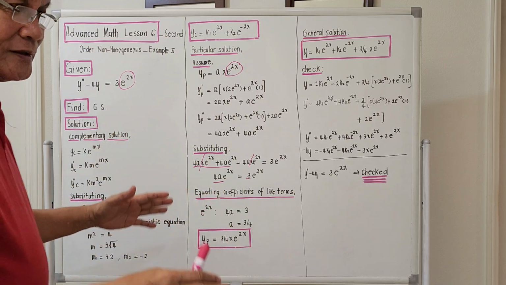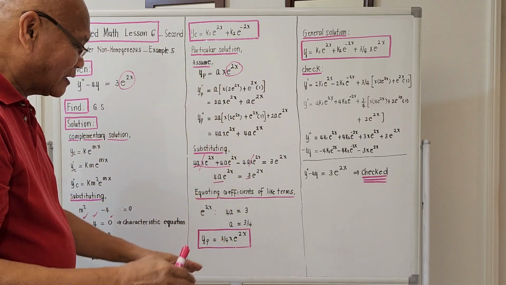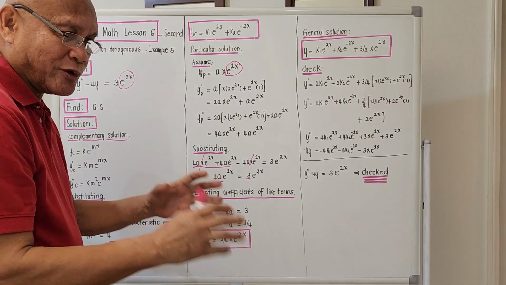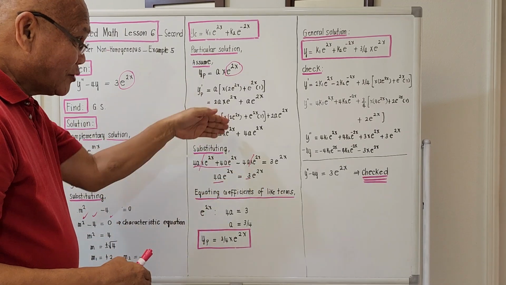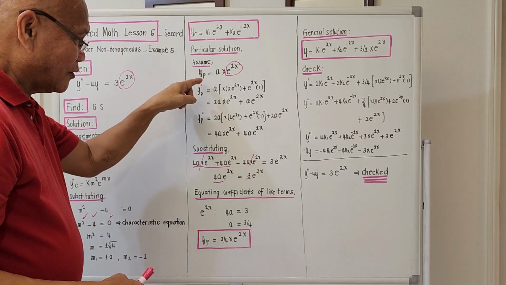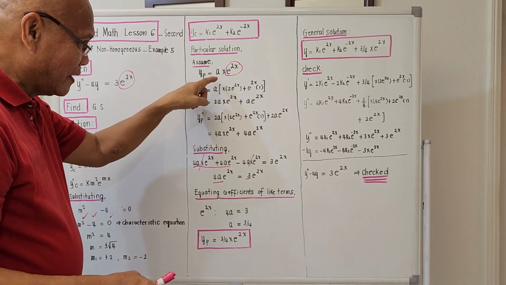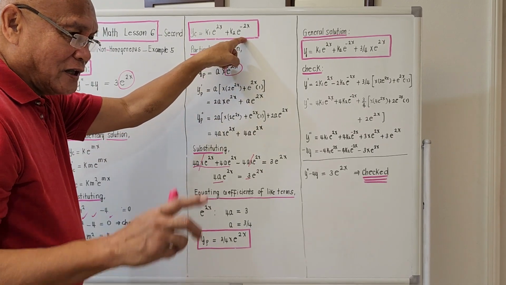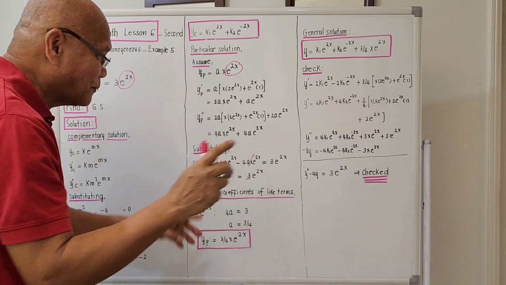If you assume that the solution was the same as from the previous example, it will not come out like this. You cannot formulate an equation that will solve for the coefficients. That's why as a second solution, the one I'm showing you now, the assumed particular solution, which is correct, will be a times x e to the 2x. After the computation, we have formulated an equation that will compute for a.